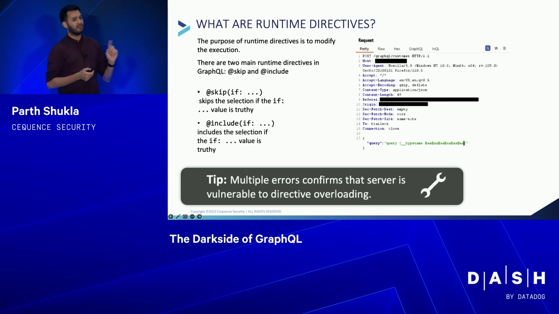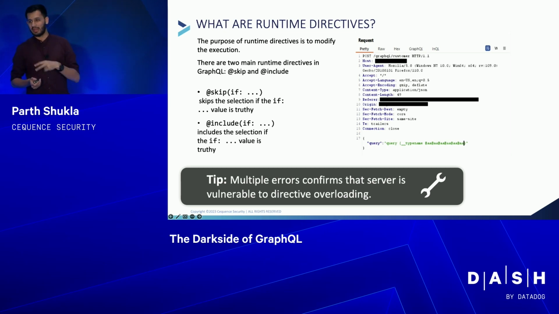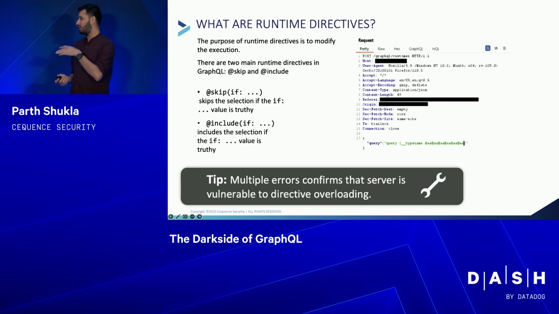The feature of a GraphQL query is that you can have n number of directives in your server, and those can be customized. So it's not like there has to be a @skip or @include. You can have @elephant, @dog, @whatever you want. And the best part of this attack is that you don't have to know the directives available in your server.